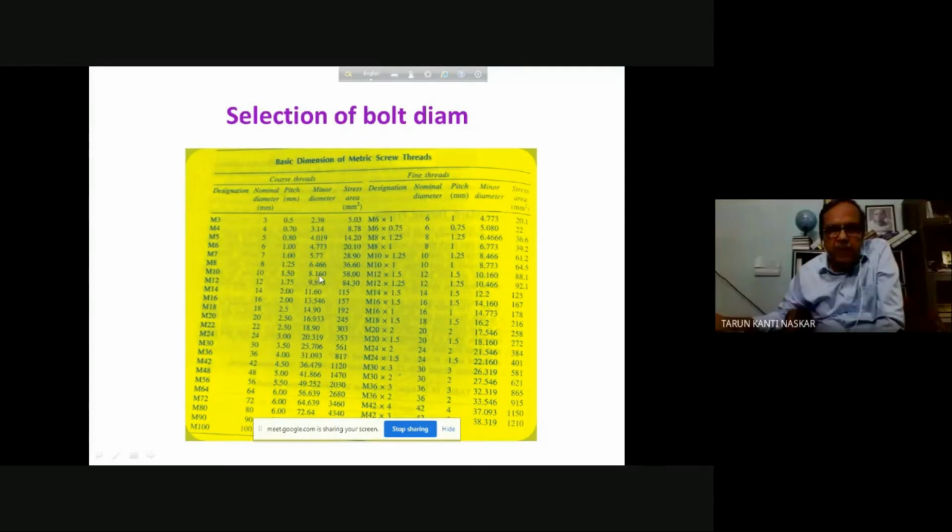You see we have found out minor diameter 8 point something. So corresponding to that we have to select either coarse thread or fine thread. Here coarse thread is okay, there is no need of fine thread. So 8.16, that is the minor diameter which you have found out in the form of dc. Corresponding to that it is M10, M10 multiplied by 1.5, that is the pitch.